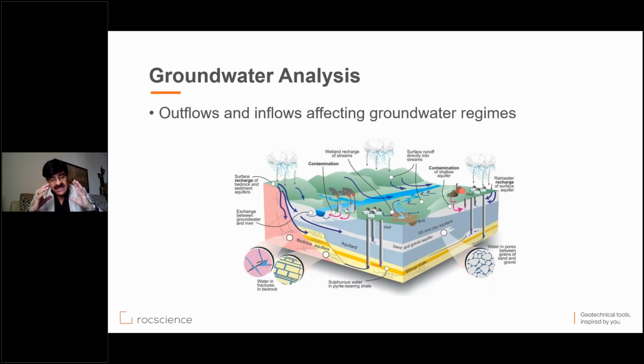As far as groundwater analysis is concerned, we really need to understand the inflows and outflows which affect the groundwater regime. You see a lot of these things in the sketch on your screens right now.